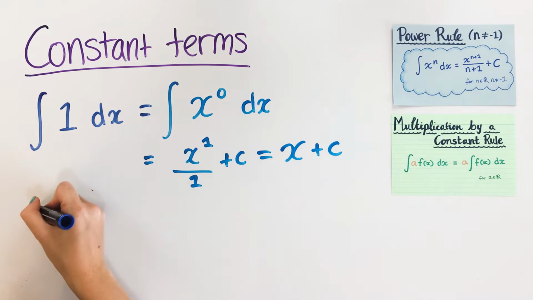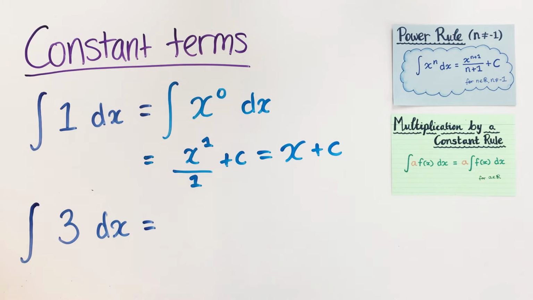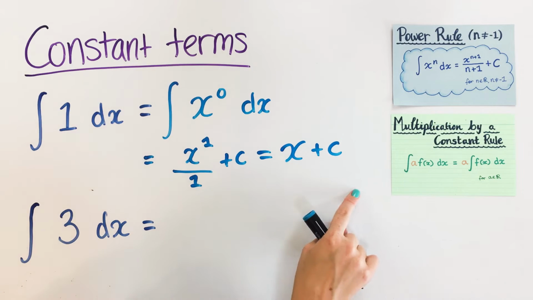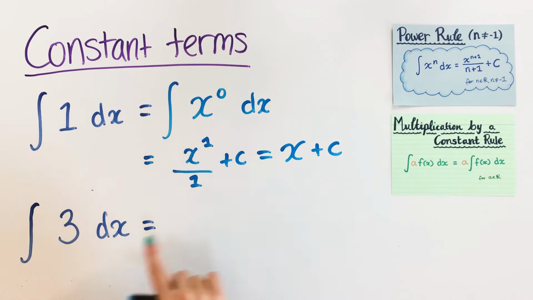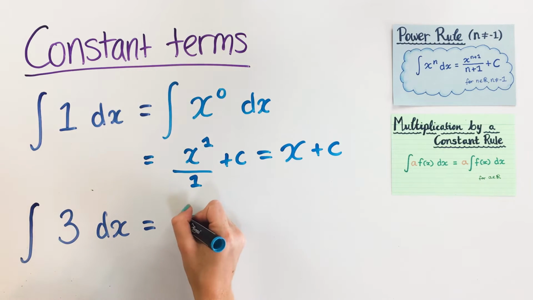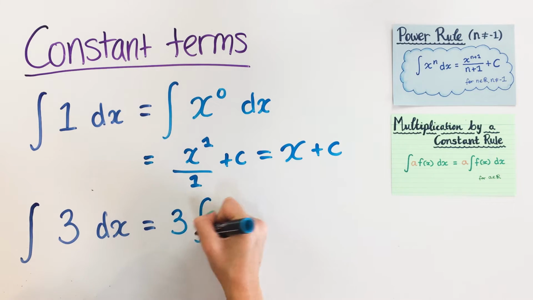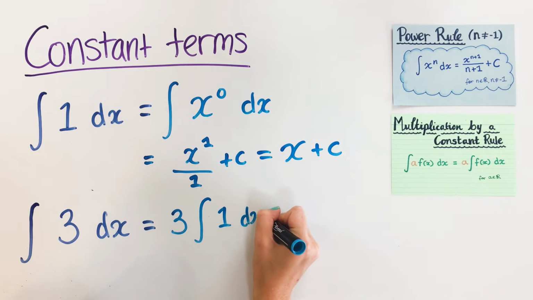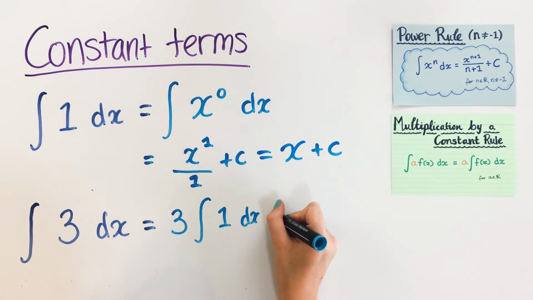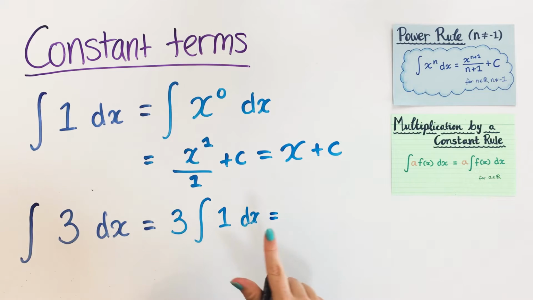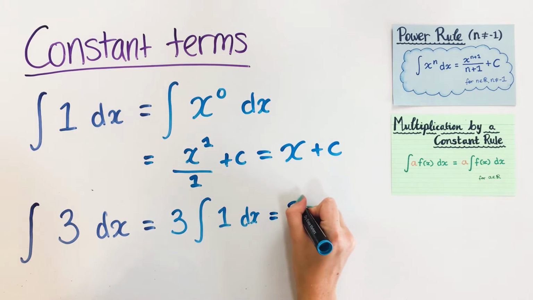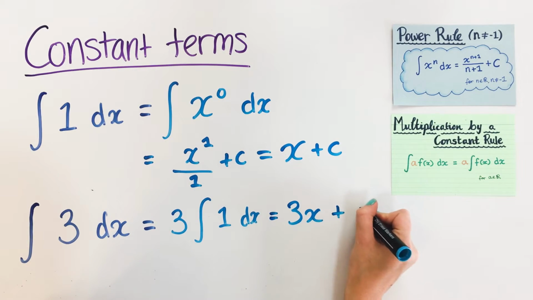What about if we had the integral of 3 dx? Well, we can think of the 3 as being like 3 times 1. So using our multiplication by a constant rule, we can say that this is the same as 3 times the integral of 1 dx. And as we saw before, the integral of 1 is just x, so we can write that as 3x plus c.